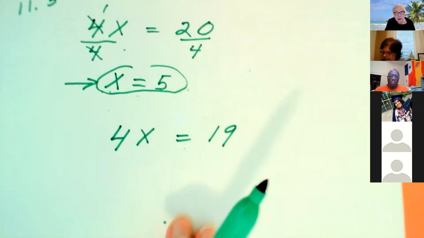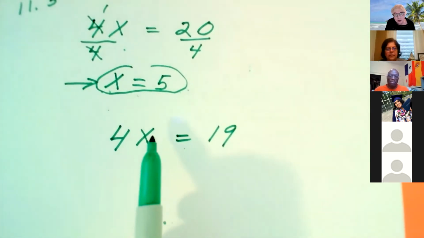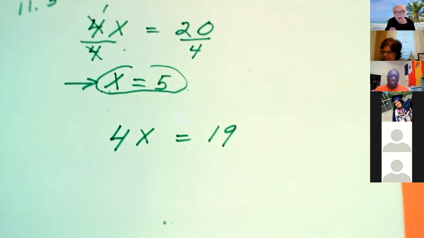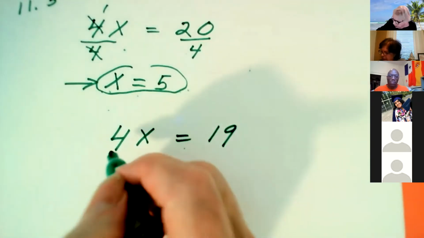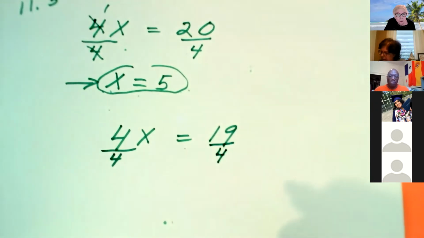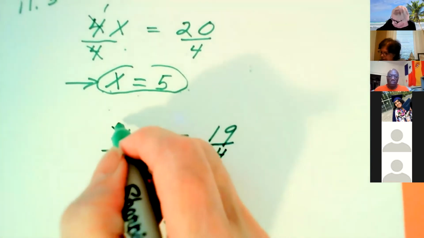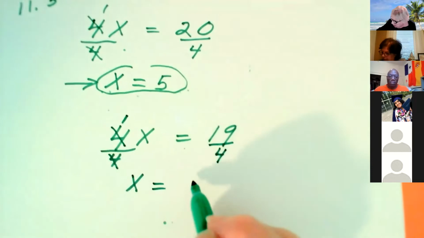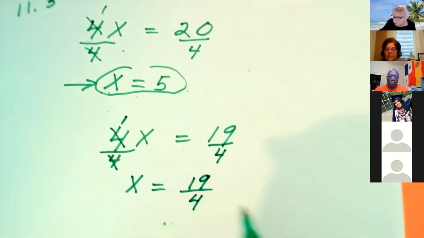And so what you'd say is, okay, the 4 is multiplied by the x. Take the same exact approach each time. It's almost like a broken record, just the same. And so I'm going to divide by 4 and I'm going to divide by 4, like it or not. 4 over 4, 1x. And my answer here is 19 over 4.